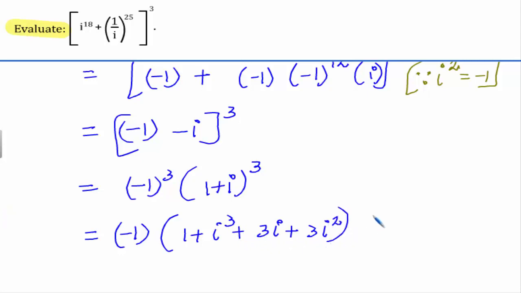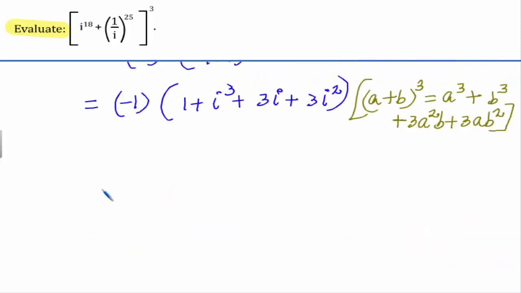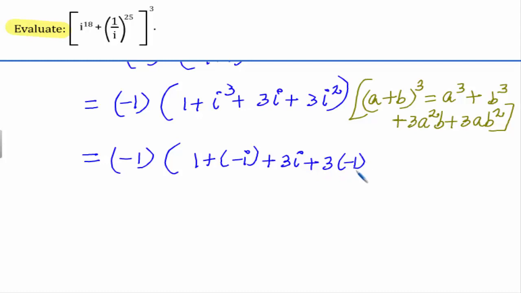Here we are using the identity (a plus b) whole cube is equal to a cube plus b cube plus 3a square b plus 3ab square. This will further be equal to minus 1 multiplied by 1 plus of minus i plus 3i plus 3 multiplied by minus 1.